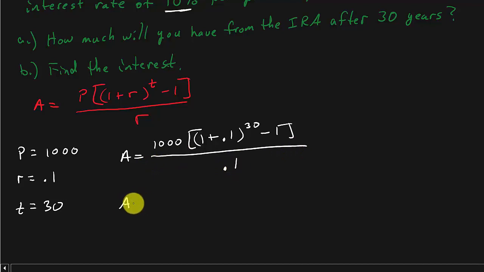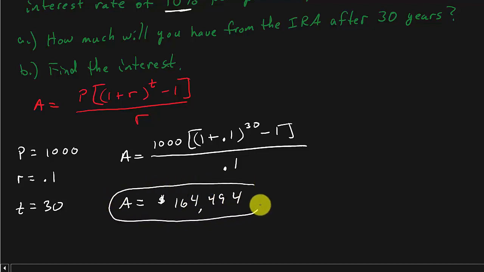And so we get A is equal to, and when we punch all that into our calculator, we get 164,494. All right. And so that would be your answer. That's how much you would have after 30 years. And this is part A.